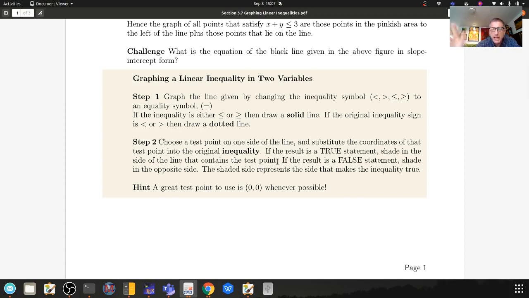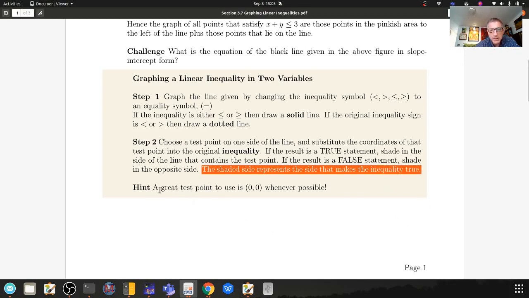We shade the side that makes it true, not false, and I'll show you a way to do that to take away any ambiguity. On the other hand, if the result is false, shade the opposite side. The shaded side represents the side that makes the inequality true, and that's also what you're used to doing in your MML homework.